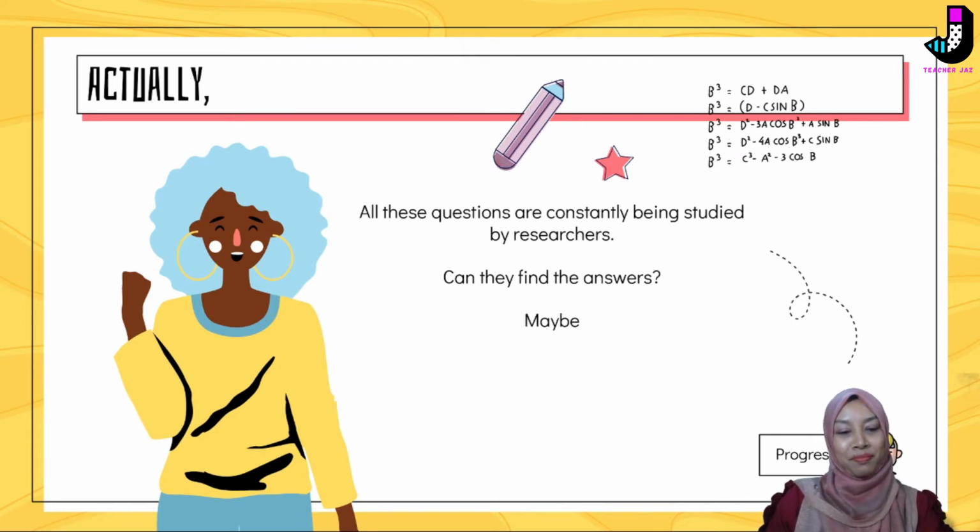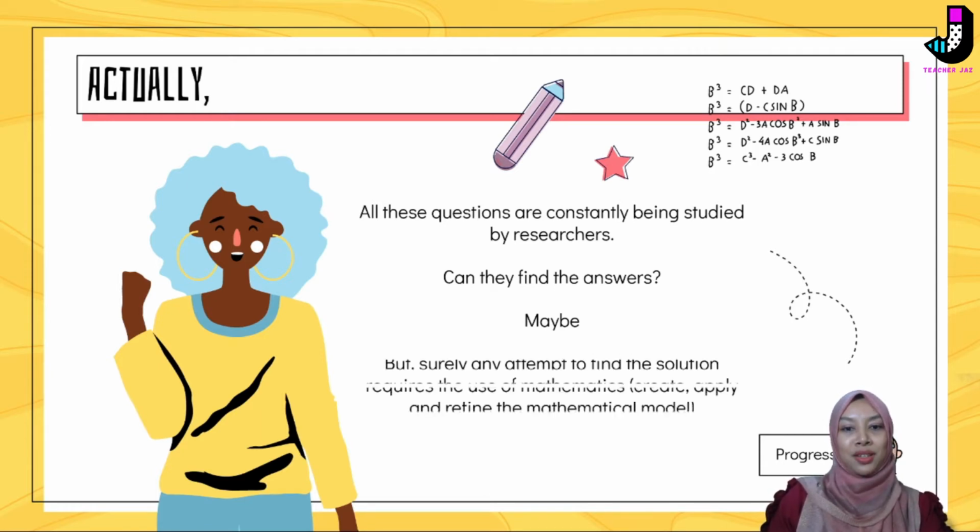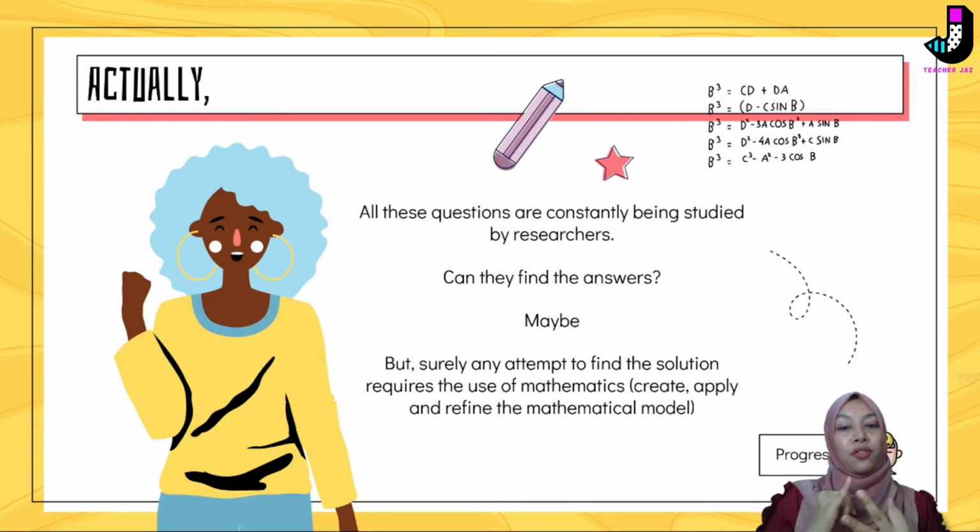Maybe, or maybe not, or maybe they need to redo it so that it suits the situation nowadays. But surely for any attempt to find a solution, we will try to find one. This is where mathematics is used in creating, applying, and refining the mathematical model.